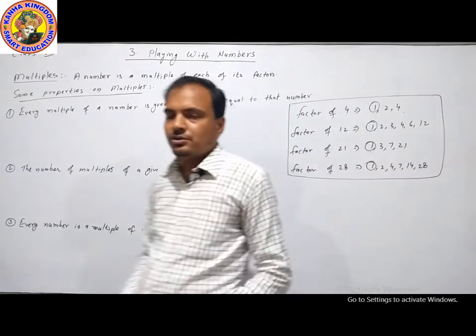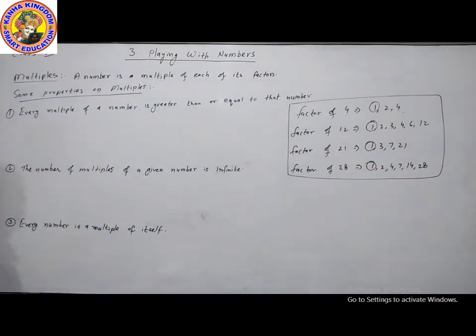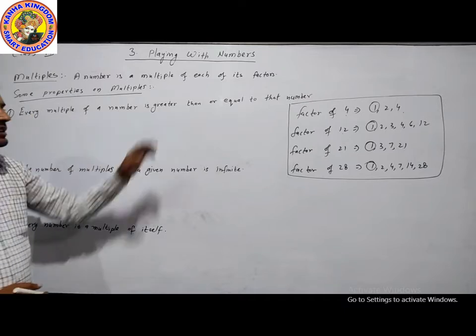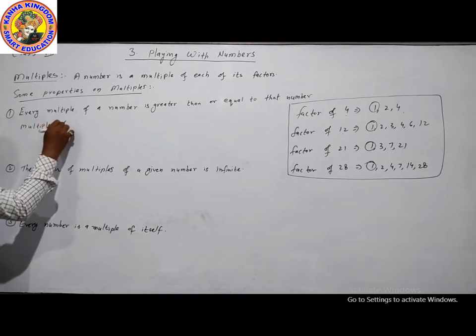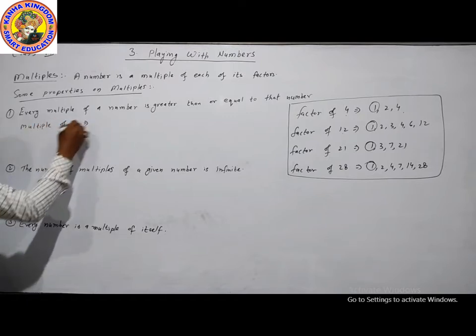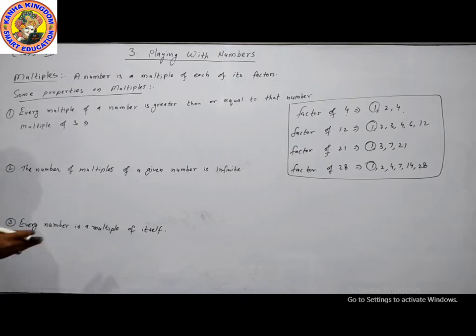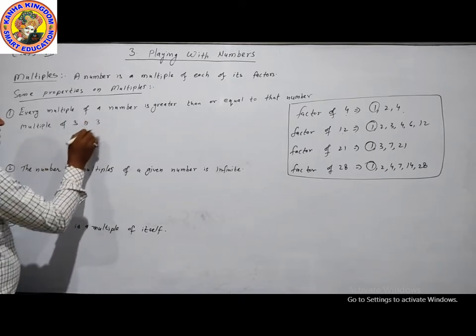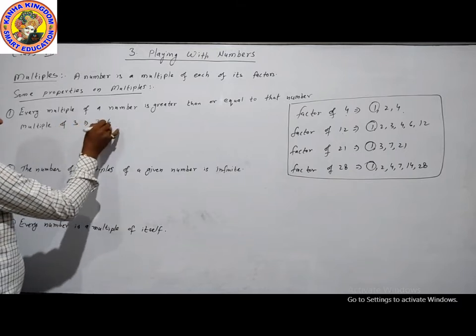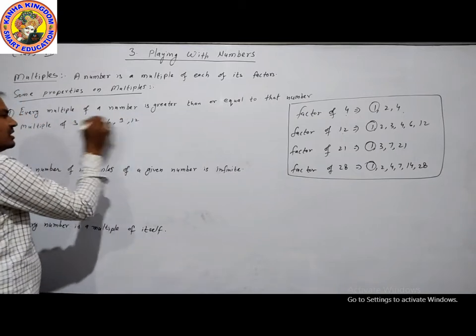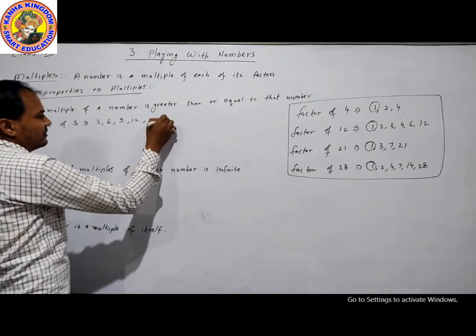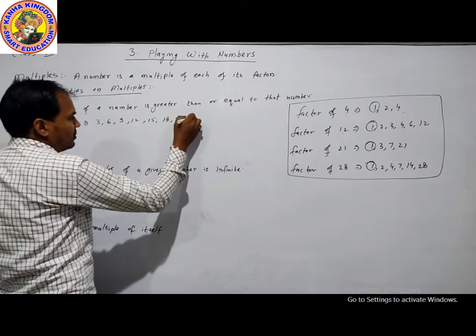Now some properties of multiples. Every multiple of a number is greater than or equal to that number. Let us take multiples of 3. The multiples of 3 are 3, 6, 9, 12, 15, 18, 21, 24.